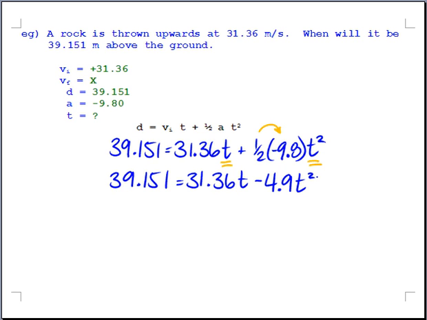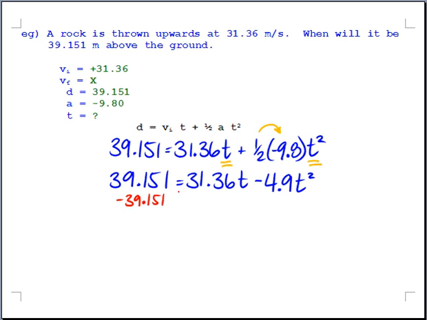Now we need to set this thing equal to 0. So you've got a couple of options. You could subtract the 39.151, move it over to the right-hand side, or you could grab these two terms here and move them to the other side. And it doesn't really matter. I think let's just grab the 39.151, subtract it from both sides.